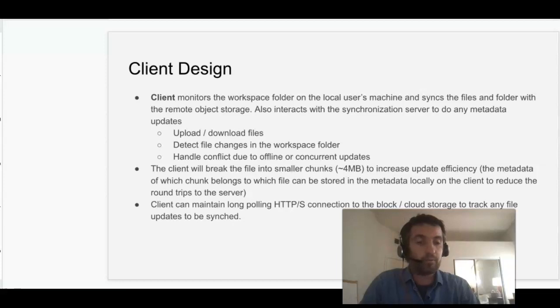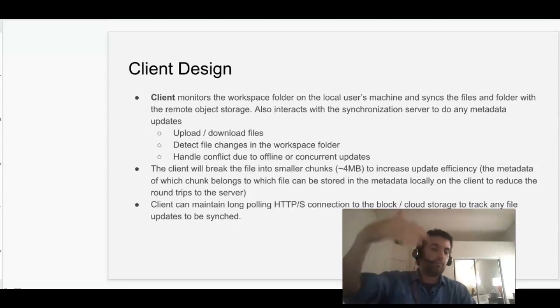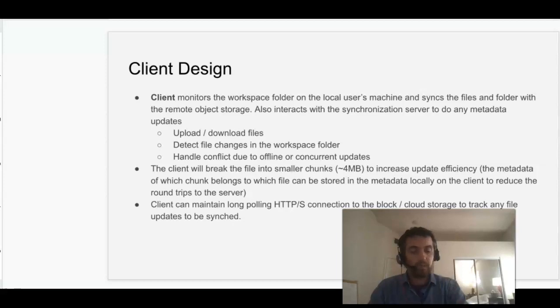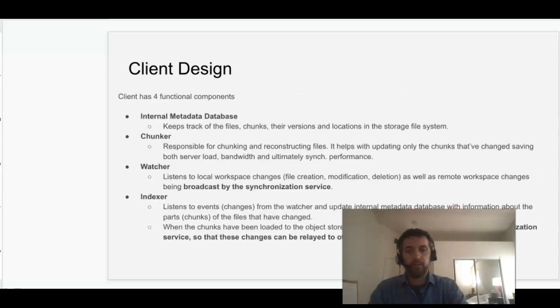It can also perform the function of breaking the data into chunks. This is a perfect example of a long polling connection that we talked about, because file upload is going to be a quite lengthy process depending on the size of the file. So we need to maintain that long polling connection to be able to complete that transaction without having to go back and forth.